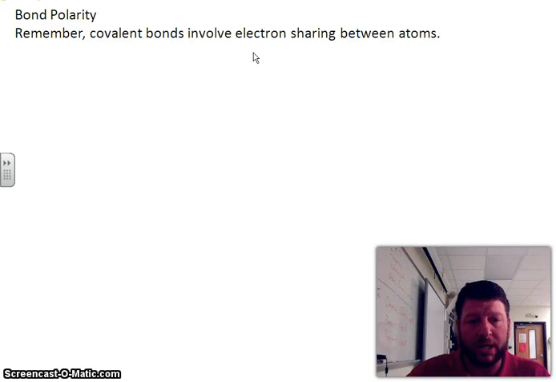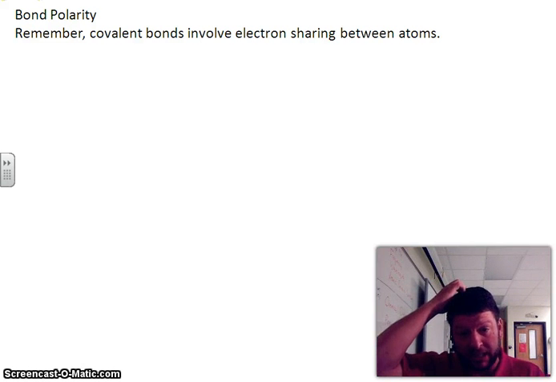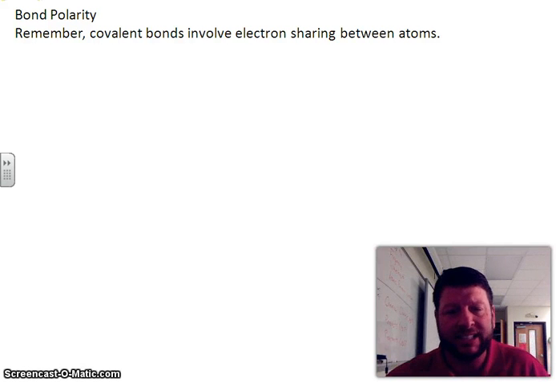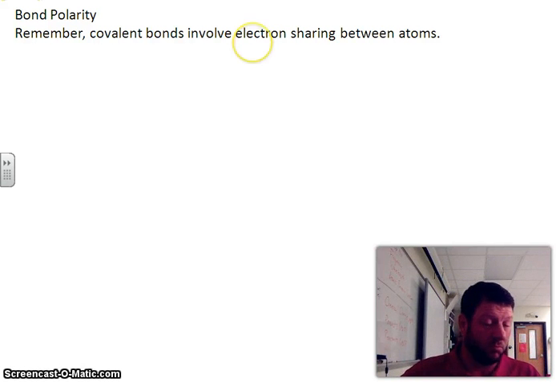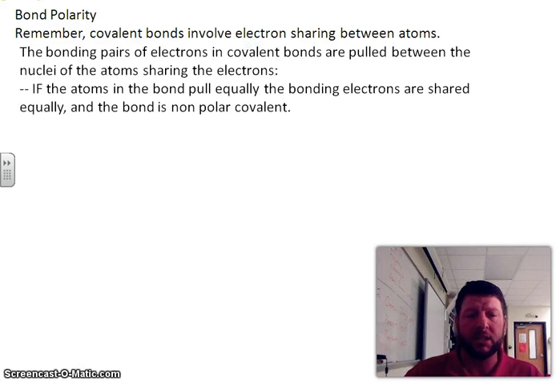the bond. Okay? Now there's something else about covalent bonds, and that's something called bond polarity. Now remember, covalent bonds involve electron sharing taking place between 2 or more atoms. The bonding pairs of electrons in covalent bonds are pulled between the nuclei of the atoms sharing the electrons. Now, if the atoms in the bond pull equally, the bonding electrons are shared equally, and the bond is nonpolar covalent.